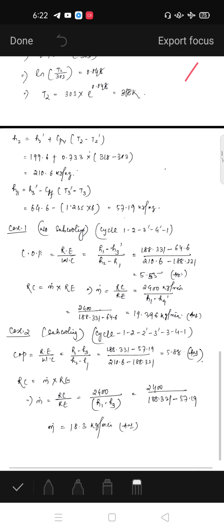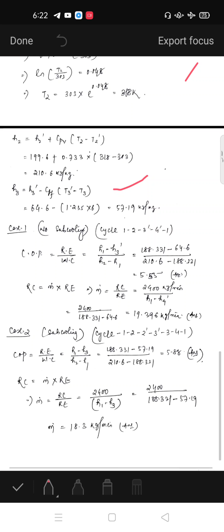You can find the value of H3. Similarly, here you apply the subcooling process, that is H3 dash minus Cpf whole into T3 dash minus T3. H3 dash we had already found, or you can see from the table. H3 dash means it is the liquid enthalpy at 303, that is 64.6, and Cpf is given 1.235 kilojoule per kg Kelvin, and T3 dash minus T3 means it is the degree of subcooling, which is given.